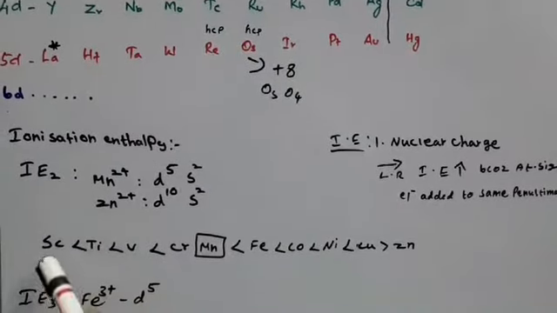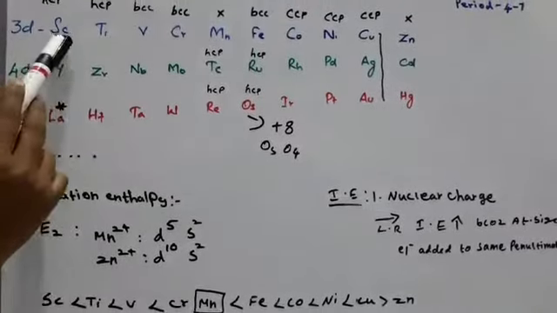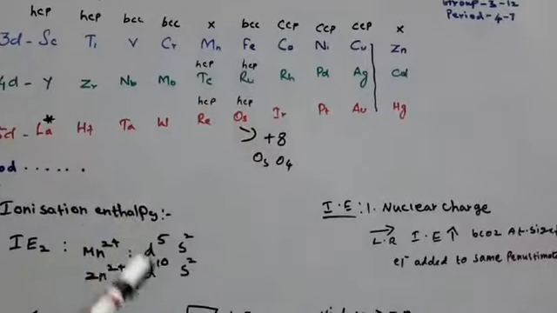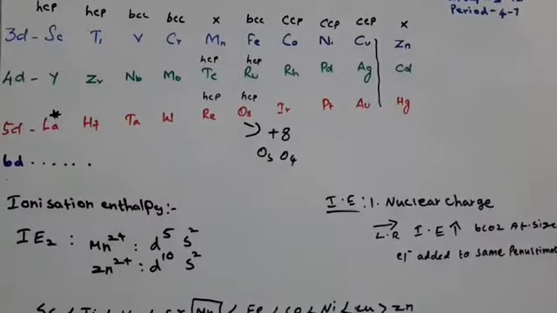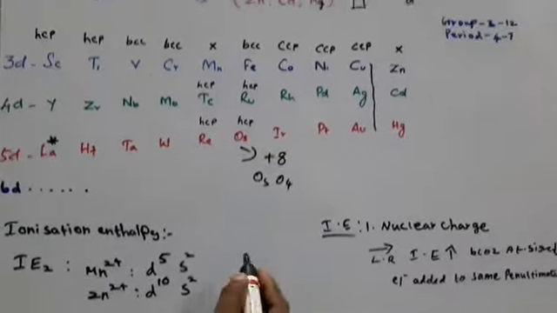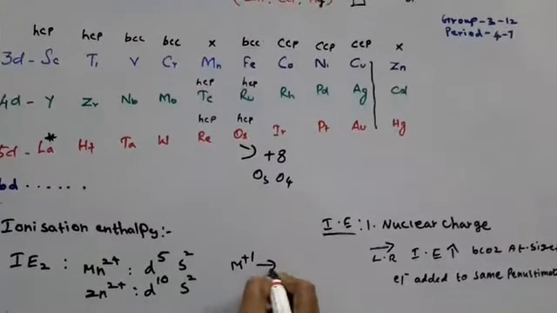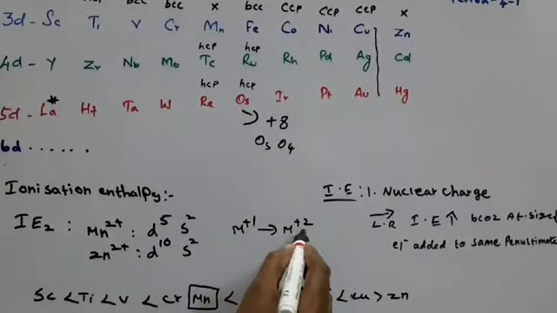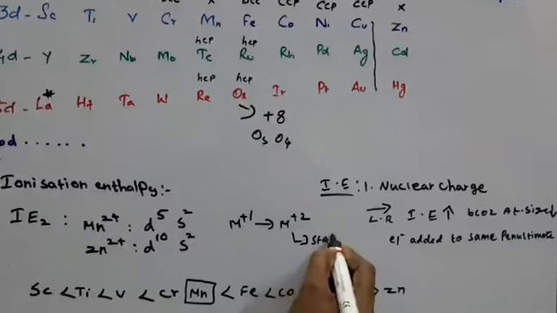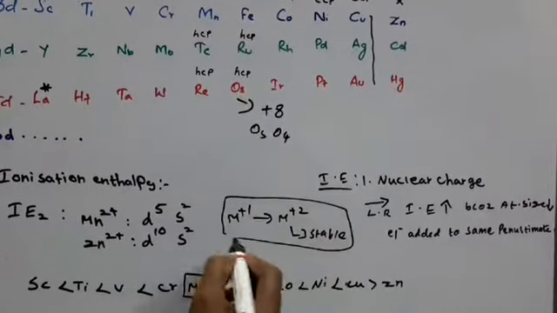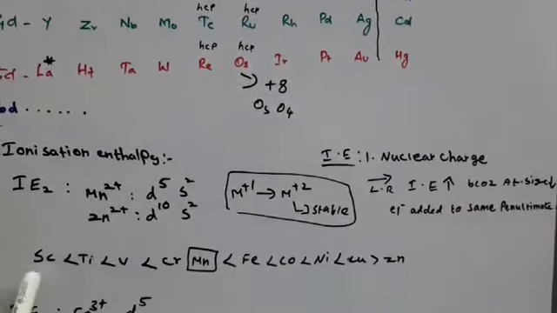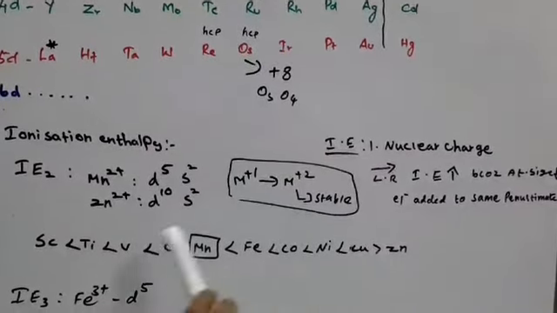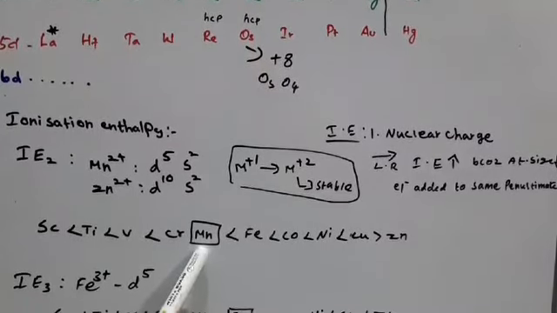For the 3d series, scandium to chromium and iron to copper, the ionization enthalpy increases. Listen: compared to the +1 state, the +2 state is stable. Keep that in mind, very important. So from scandium to chromium and iron to copper it increases.